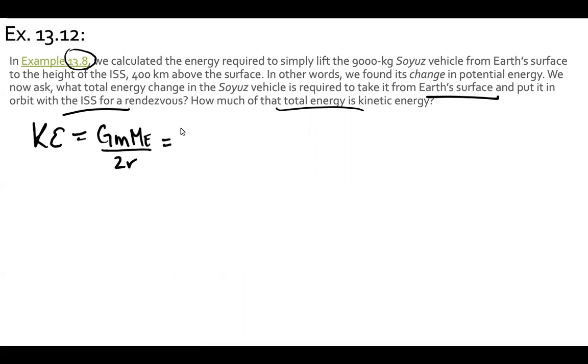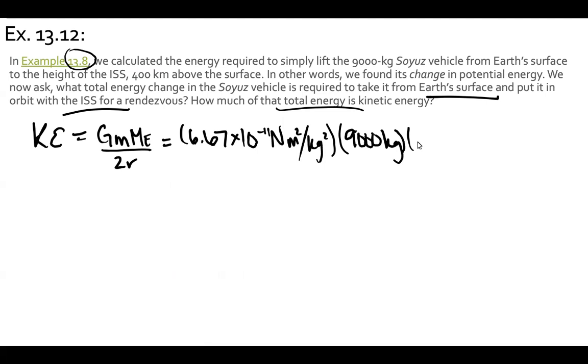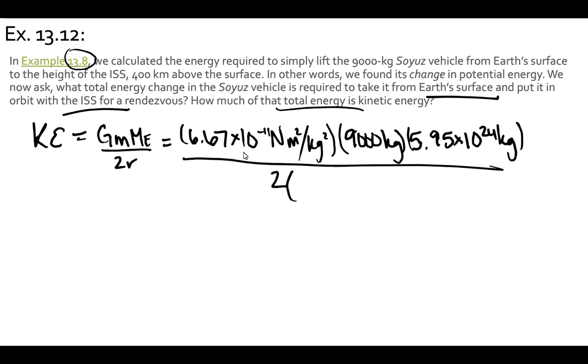So 6.67 times 10 to the negative 11th newton meters squared over kilograms squared, times the mass, which is 9,000 kilograms, M sub E is 5.95 times 10 to the 24th kilograms, over 2 times our radius.